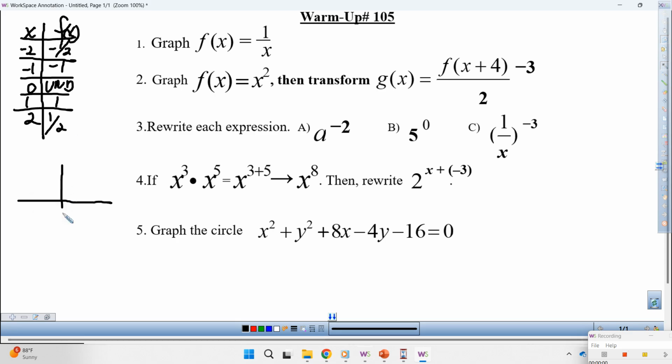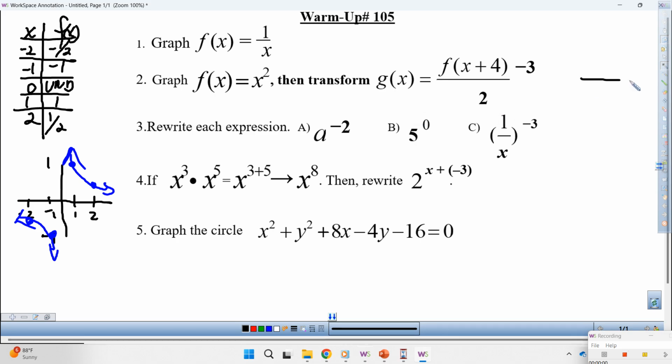And the graph for that, here's 1, here's negative 1, 1, 2, negative 1, negative 2. So it should look something like this. Have you got something like that? All right, not bad.